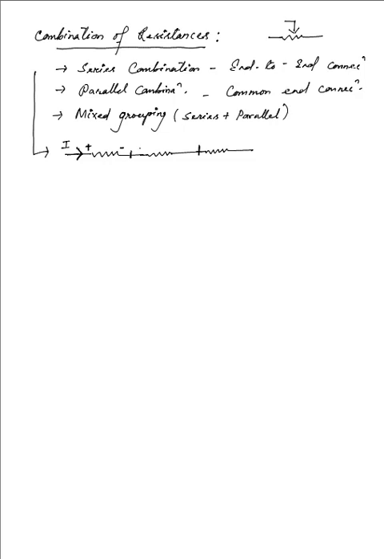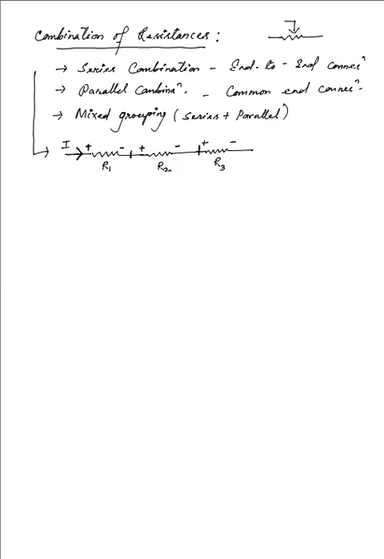Again, we have the first end of the next resistor at a higher potential, which allows the current to flow from the higher end to its lower end along the conducting wire. So in each case, suppose this has a resistance of R1, this has a resistance of R2, and this has a resistance of R3.